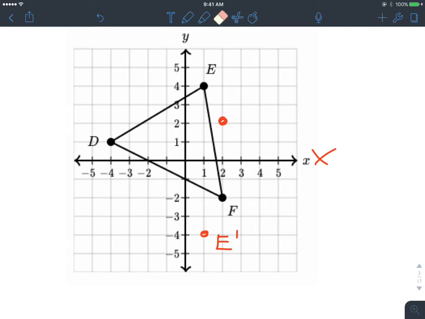Usually I don't even draw these lines; I'm just doing that so you guys see where everything comes from. D is only 1 unit away, so then 1 more unit away. Put a point down there at -4, -1. There's your D prime. Then connect your shape.